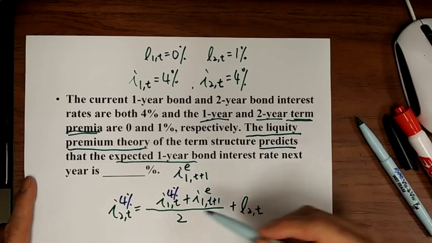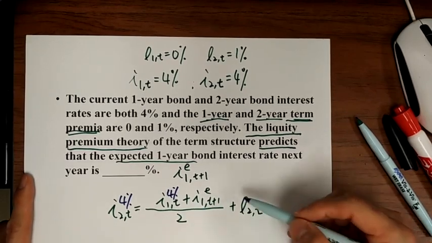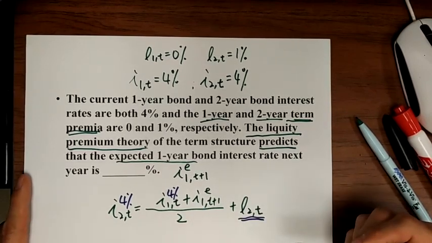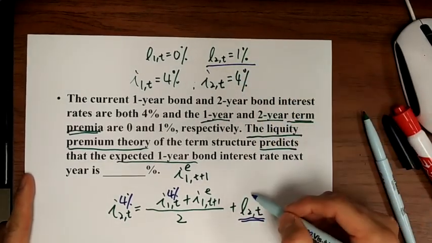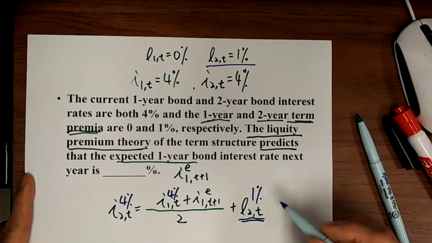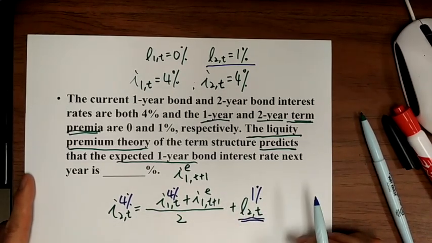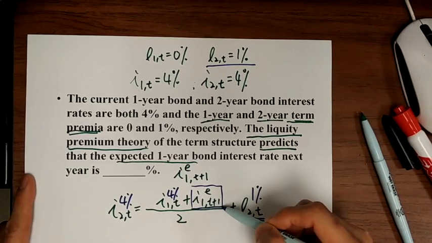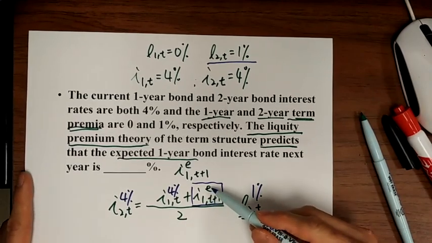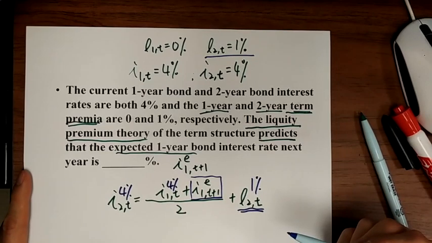Now, what the economists do is to estimate the 2-year bond liquidity premium, and the result is 1%. With this information, the market can derive people's expectation about the 1-year bond interest rate next period.